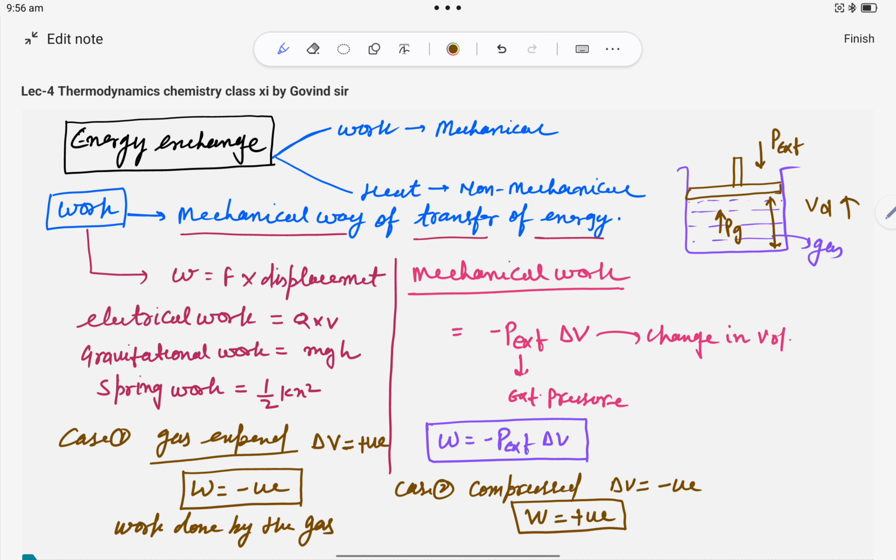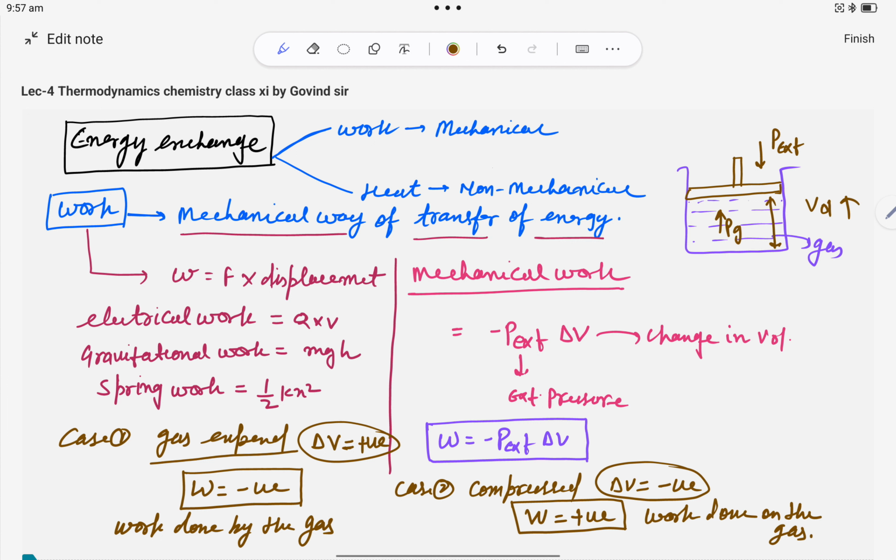Then work is done on the gas. These are the small things you have to focus on. Gas expands, volume increases; gas is compressed, volume decreases, and negative and positive work will come.